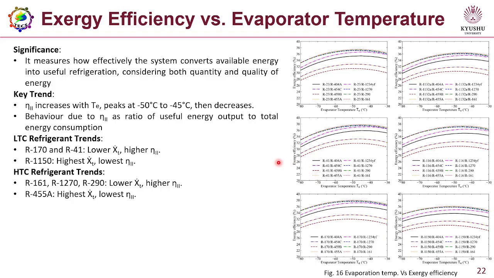Exergy efficiency increases with evaporator temperature and peaks at minus 50 to minus 45 degrees Celsius and then decreases. This is because it captures the irreversibilities across all the system components like compressors, evaporator, condenser, cascade heat exchanger, and expansion valves, and incorporates all these irreversibilities as the evaporator temperature varies.